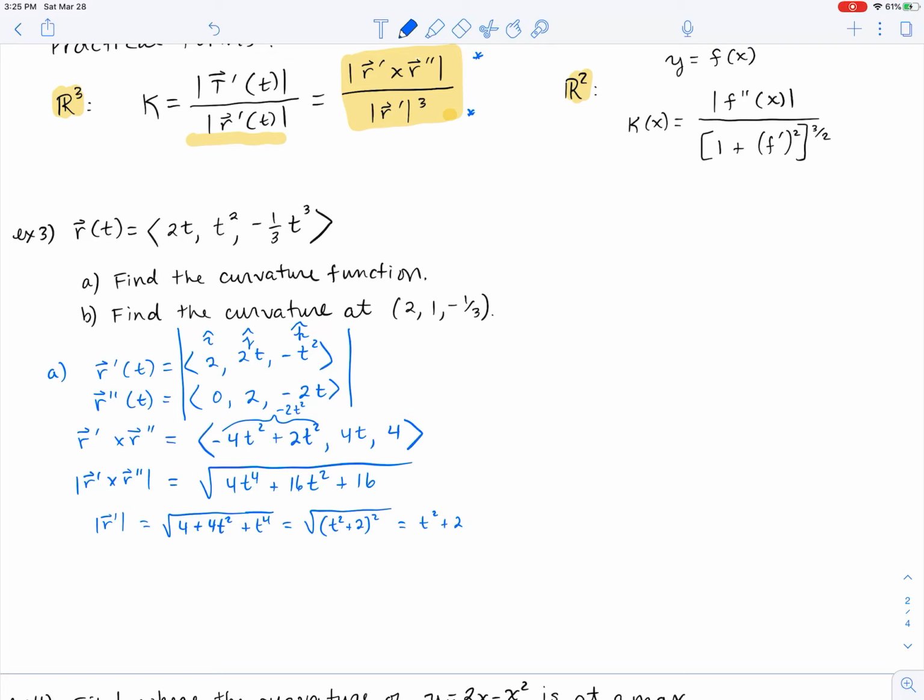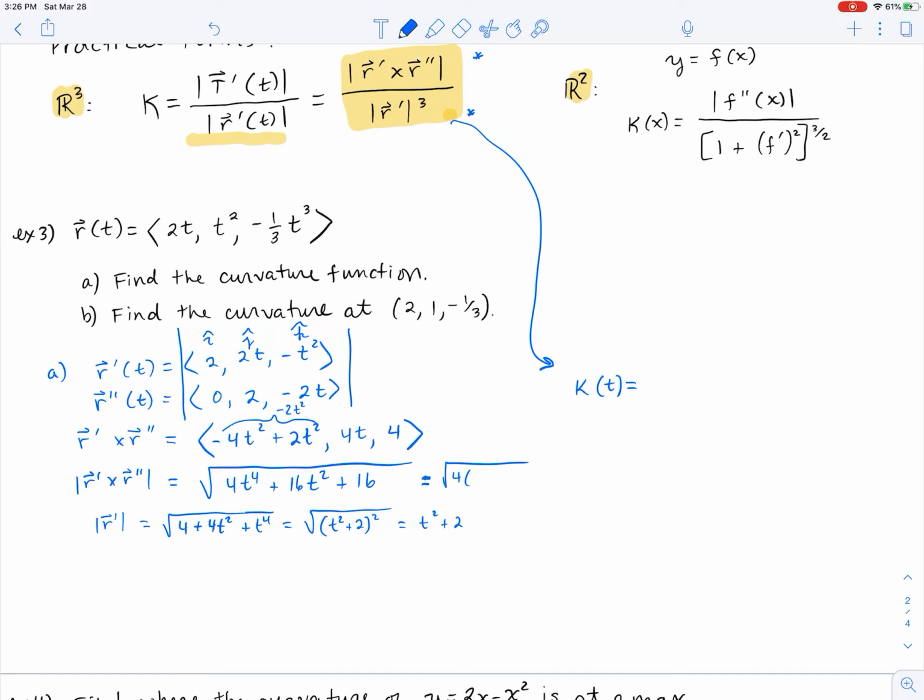And so if we put all the different pieces into our formula now, then we get the curvature at time t, or it doesn't need to be time, but whatever the parameter is. And let's see, I want my numerator right here. I can definitely factor a 4 out, so let me do that.